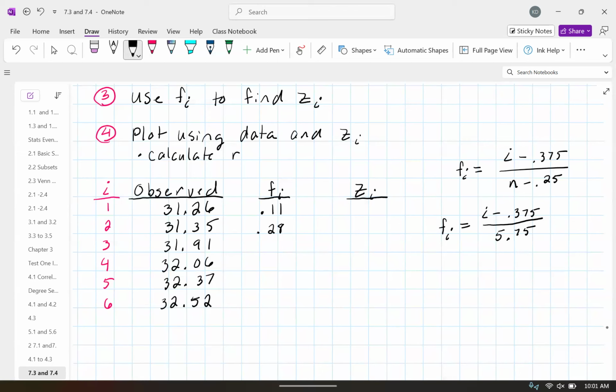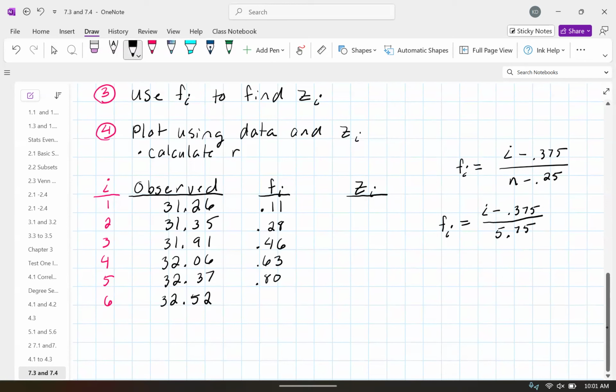And then finally, next one. 9.8. Okay. What I have on my page here is different.